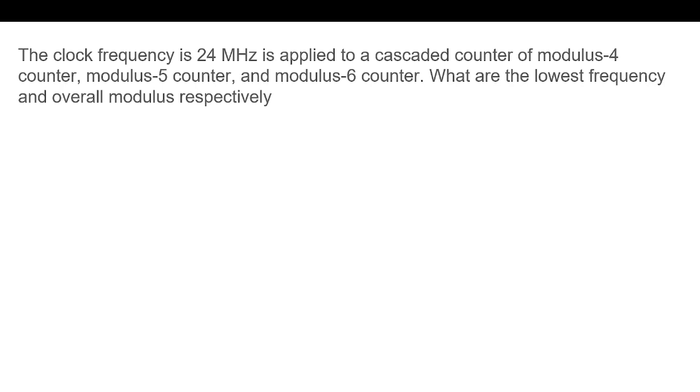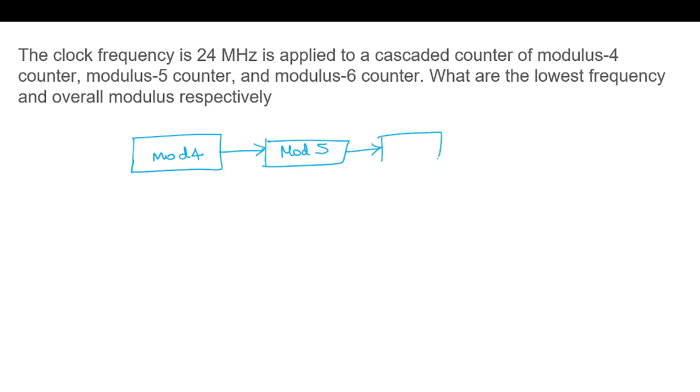The clock frequency of 24 megahertz is applied to a cascaded counter of mod 4 counter, mod 5 followed by mod 6. What are the lowest and the overall modulus respectively? So it is given that we have connected mod 4 followed by mod 5 and followed by mod 6.